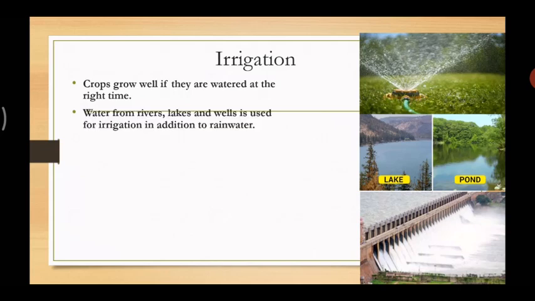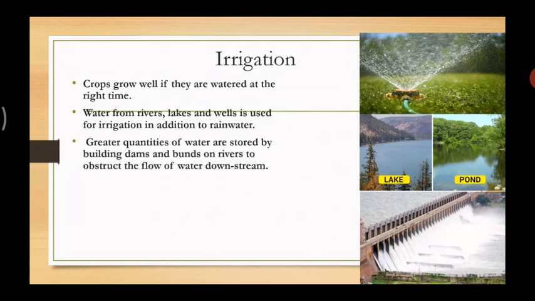Now, water from rivers, lakes, and wells is used for irrigation. Rainwater falls, but in addition to that, when it's not raining, from where does the farmer get water? From the rivers, lakes, and wells.